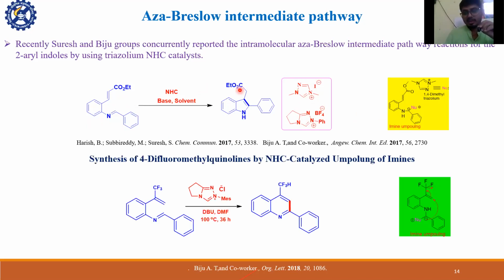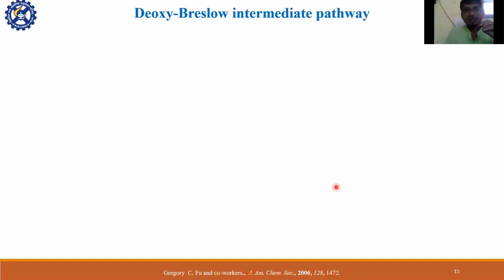Later, Biju again gave one method for the synthesis of quinolines. Here, the anion is formed from this imine, and you can see addition reaction, followed by the removal of the chloride, and it forms the quinoline molecules.